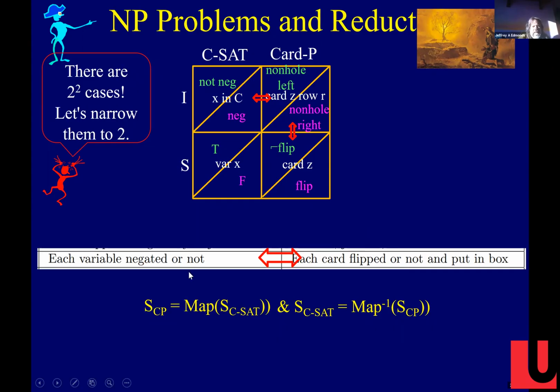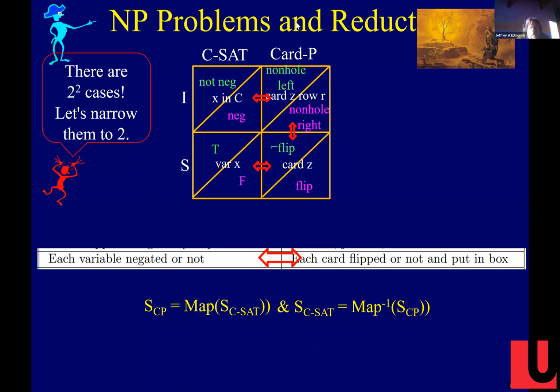If the variable is true, then we don't flip, and if it's false, we flip. Right? Does that make sense? So we have these if and only ifs here. Everybody follow each of these? Yes. All right, and what does that give us?